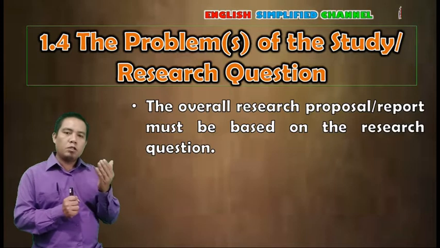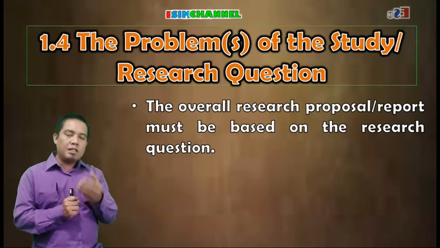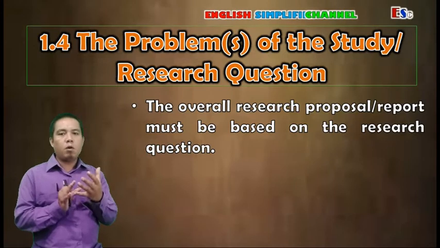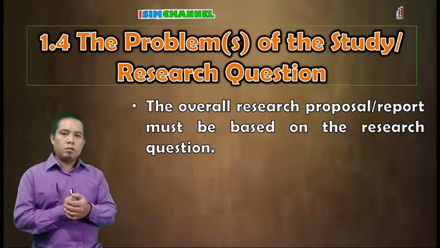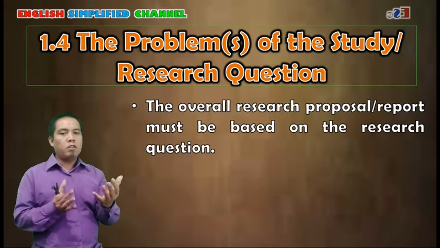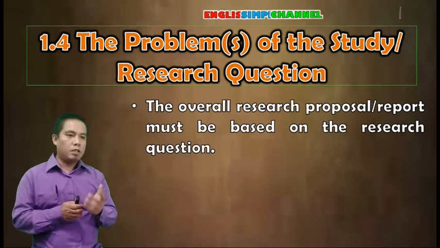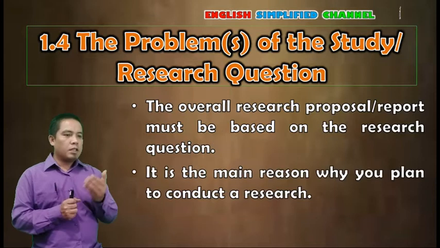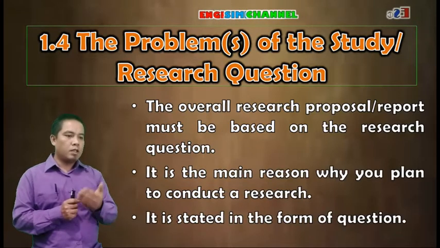So the research problem or the research question is the main core of a research. Why? Because you don't need to conduct a research if there is no problem that you want to solve or answer. Then it is the main reason why you plan to conduct a research.